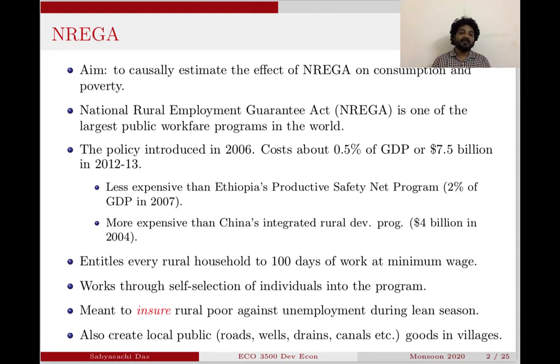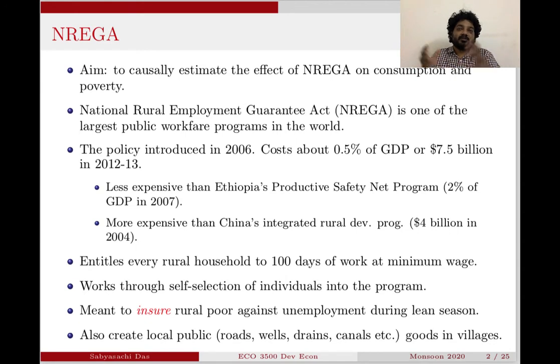And so the idea is that even though every rural household has this entitlement to 100 days of work under this program, only those who are willing to do this kind of manual labor will get a job card done and will actually sign up to do one of these listed projects. So what people have observed is that systematically, the people who are poorer tend to work in this program.